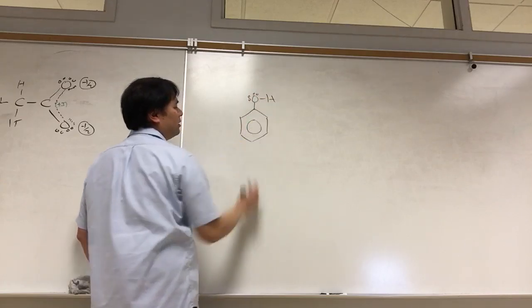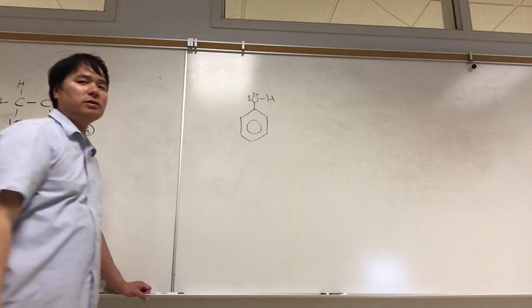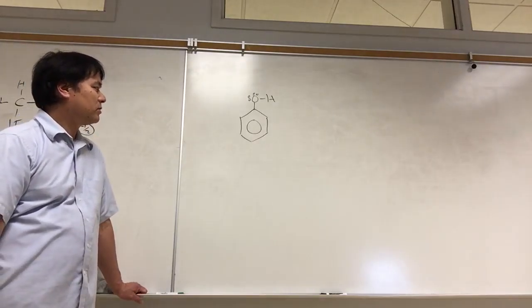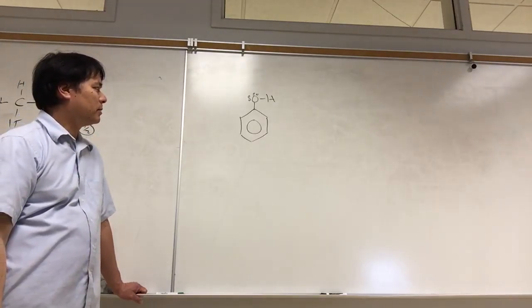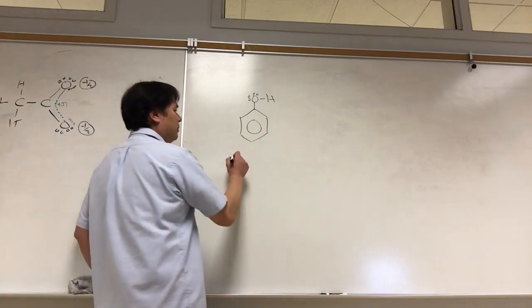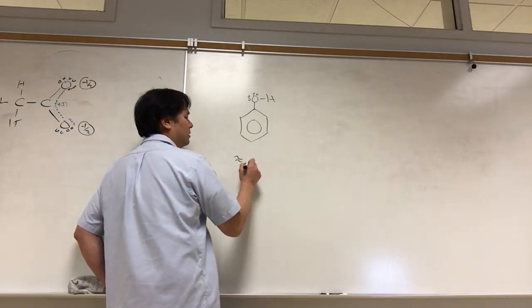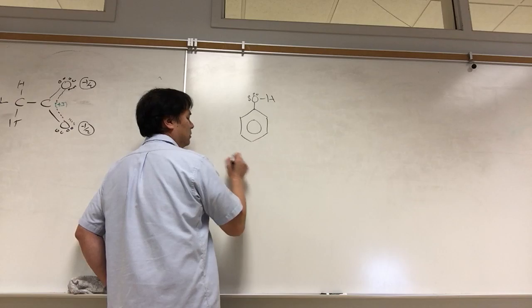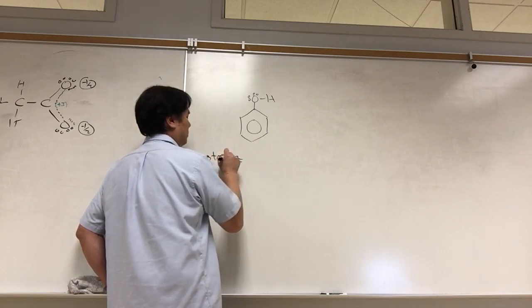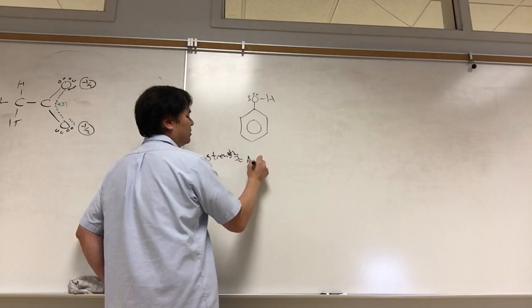This is an alcohol that's unusually strong as far as its acidic properties go. This is about as strong as acetic acid. In fact, I think it's stronger than acetic acid, but I'll have to check.